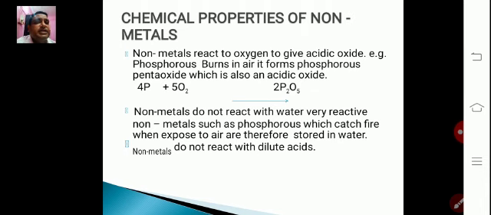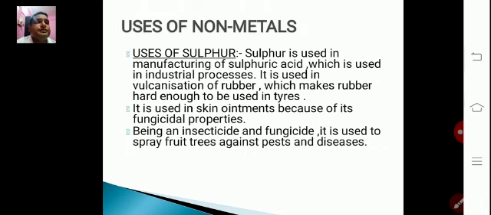The next property is about the uses of non-metals. What are the uses of non-metals? Most of the important non-metals like oxygen, nitrogen, chlorine, iodine, sulfur, phosphorus and carbon have so many uses. Oxygen is a non-metal which is used by plants and animals, including human beings, for breathing, and oxygen is used in respiration, one of the important physiological processes.